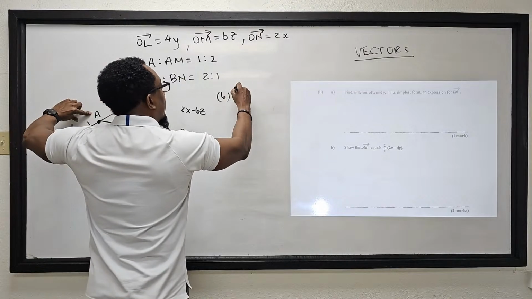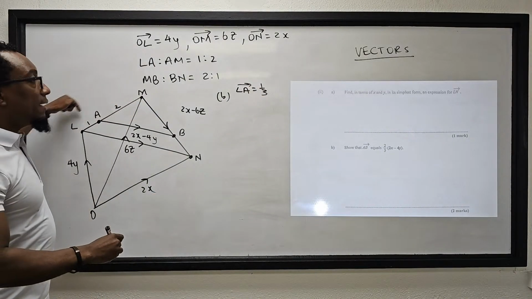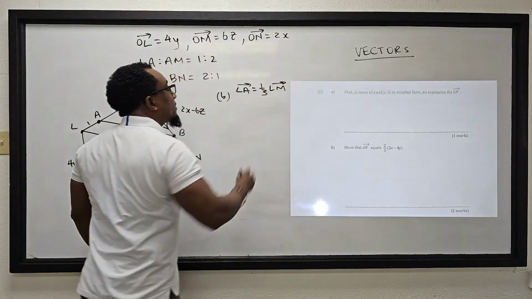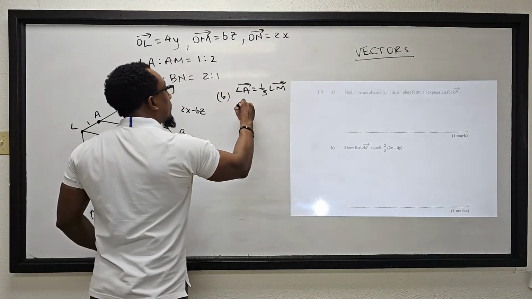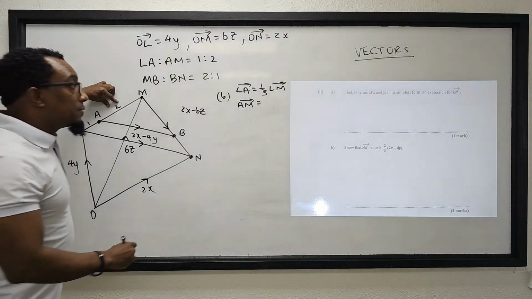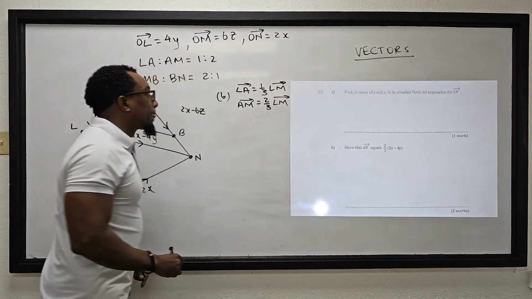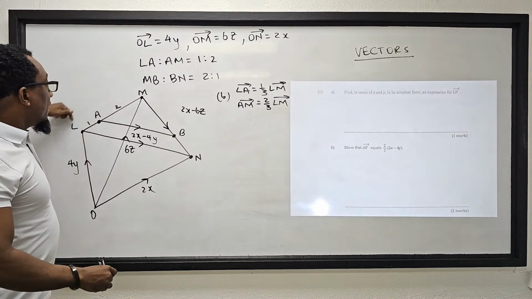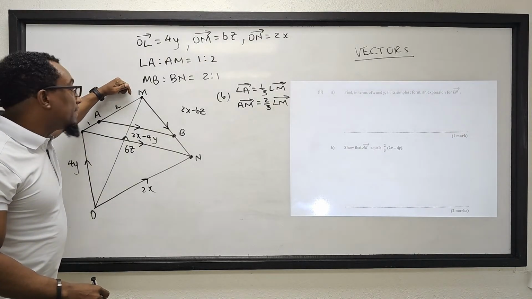So let me just state it here, vector LA is 1/3 of the entire vector LM. And this is also telling us that vector AM is 2/3 of the entire vector LM. So what we can do, we can find AM. Once we know what LM is equal to, then AM will be 2/3 of LM.